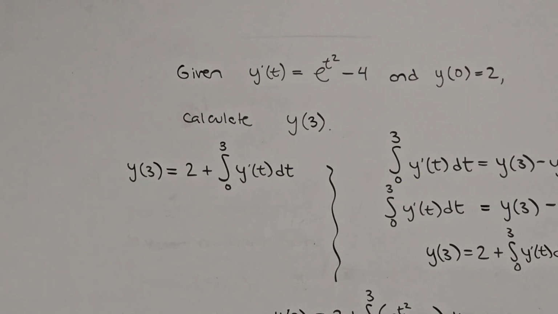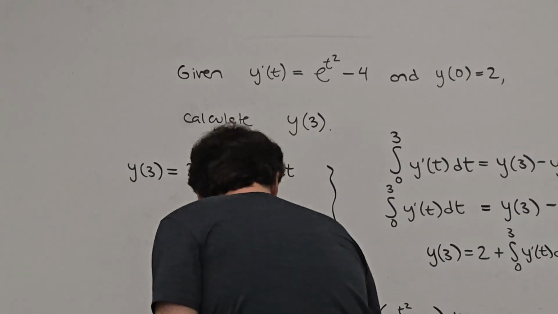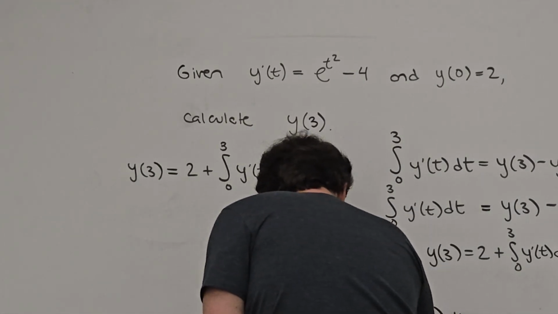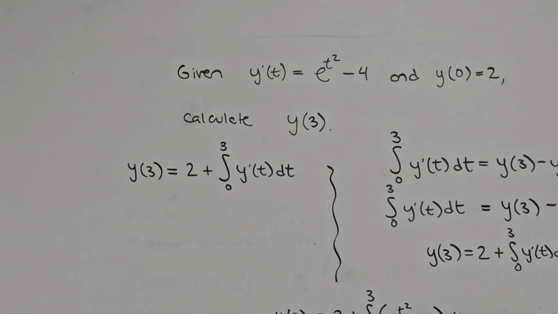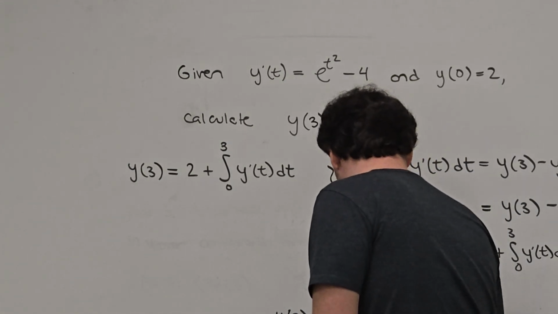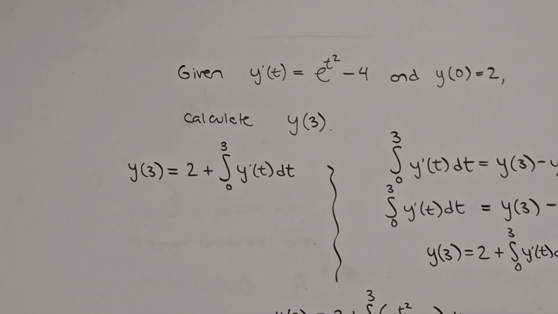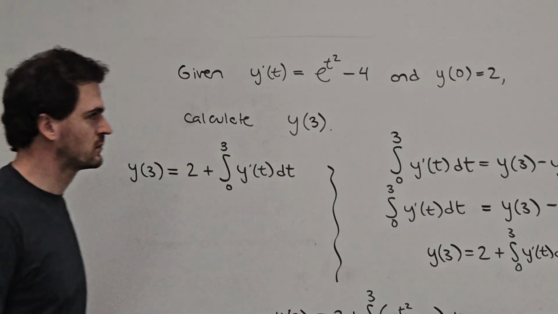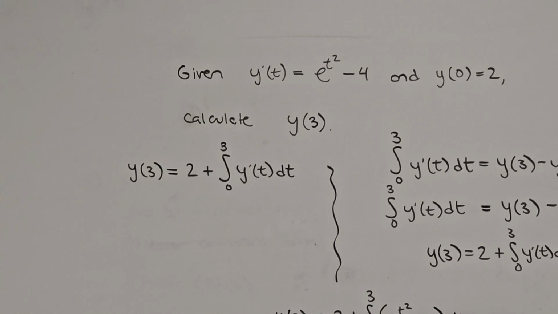I've got 2 plus the definite integral from 0 to 3 of e to the t squared minus 4 dt.